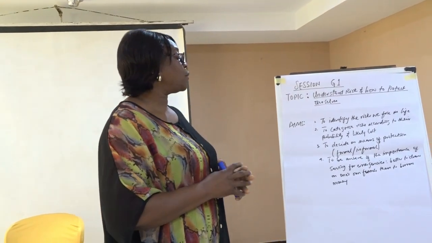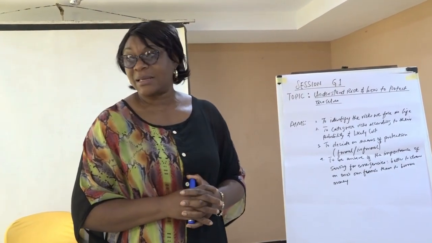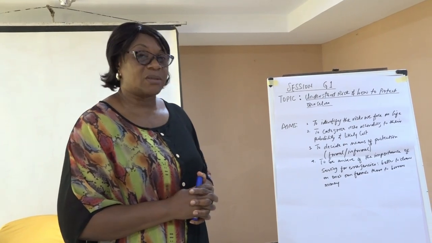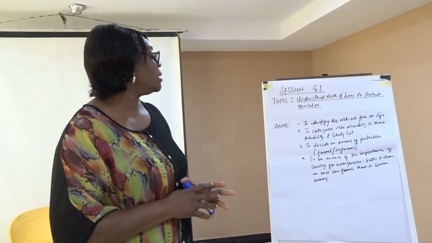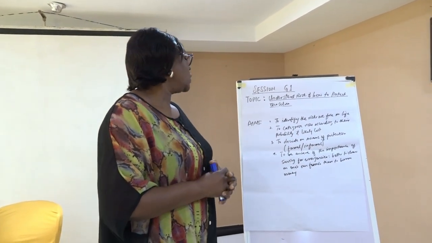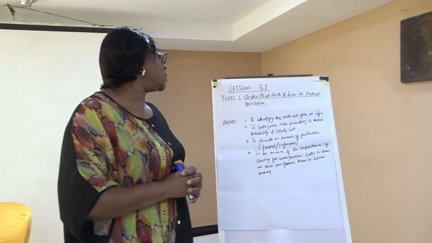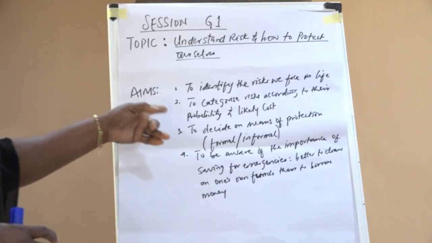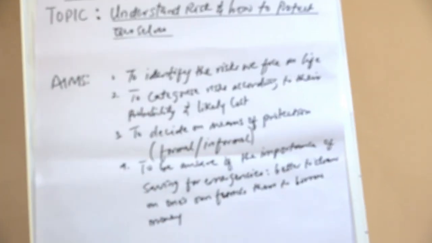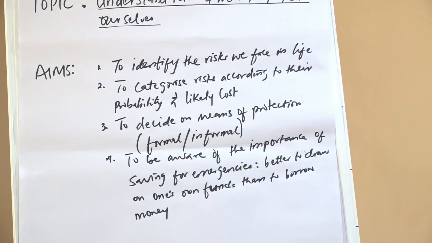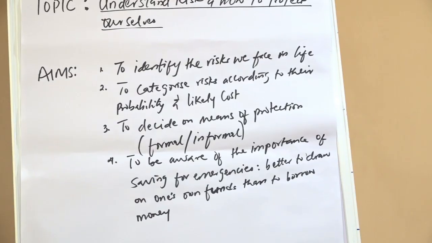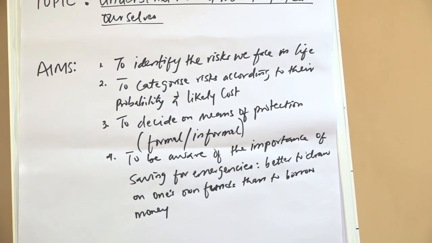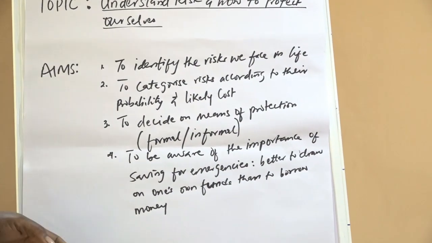Probability here means the probability of occurrence and the cost associated with it. Then we decide on the means of protection. How do we protect ourselves from these risks that we have identified?